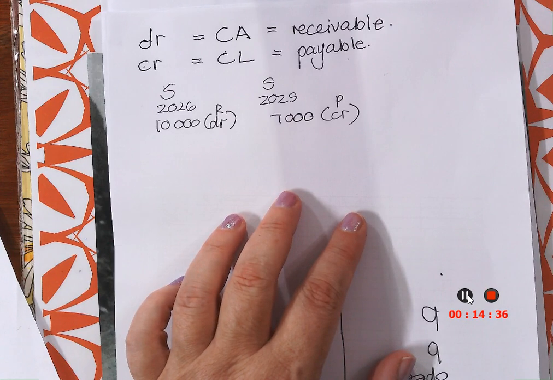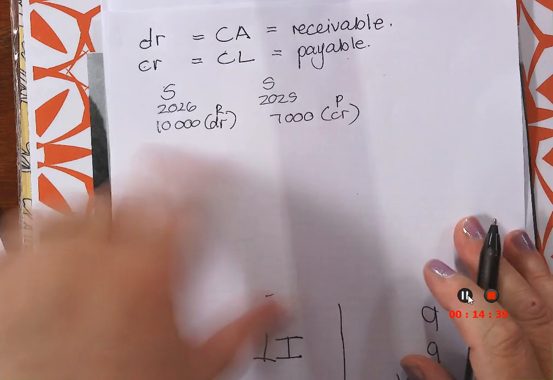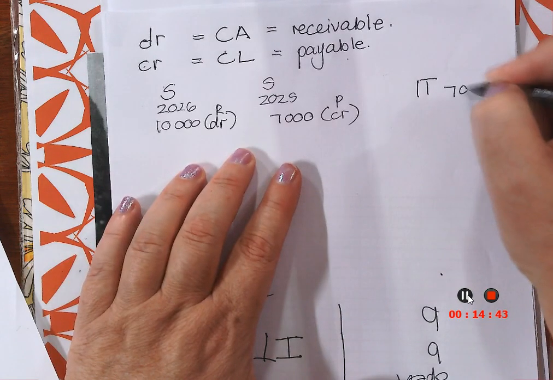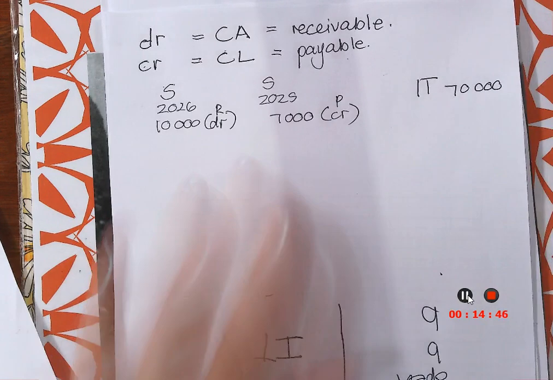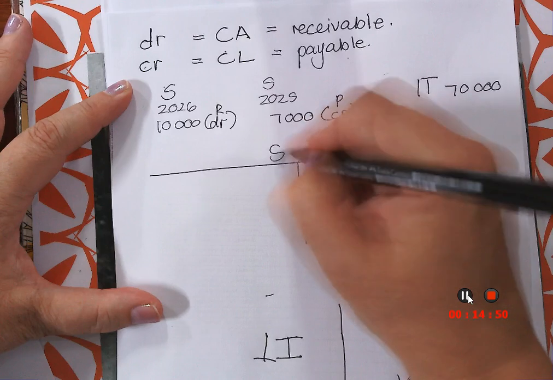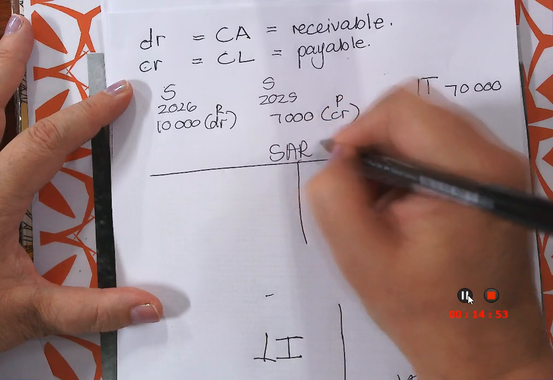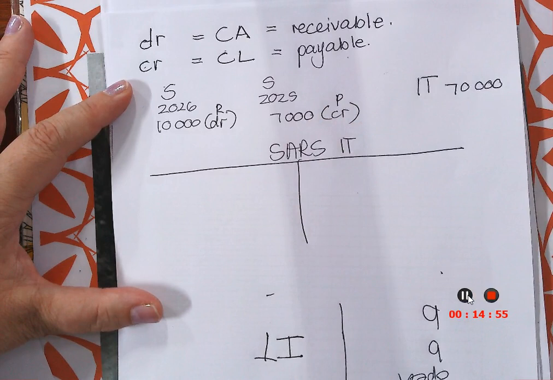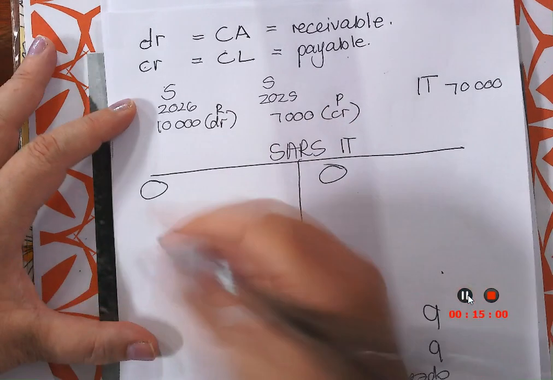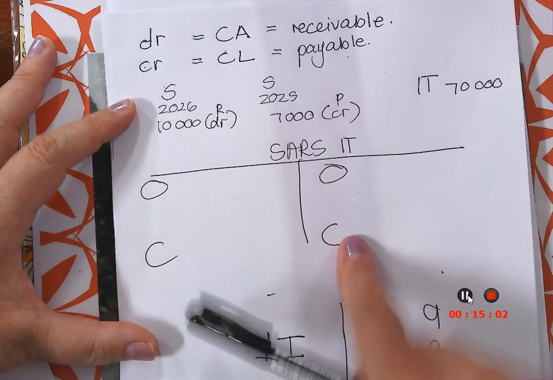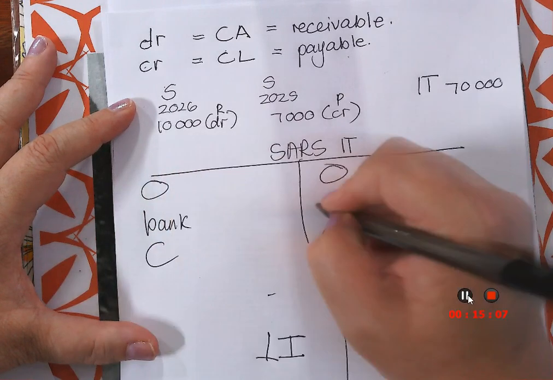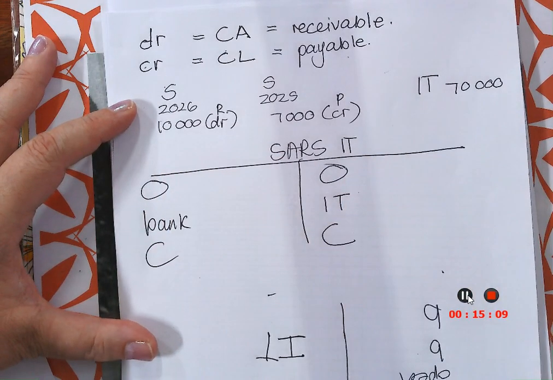Now, let me show you. Let's say they tell me income tax is 70,000. I'm going to do it like this, and this is a very lucky song. So I'm going to have SARS and income tax. Now I'm going to say I have an opening both sides, and a closing both sides. A bank and an income tax. Why both sides?